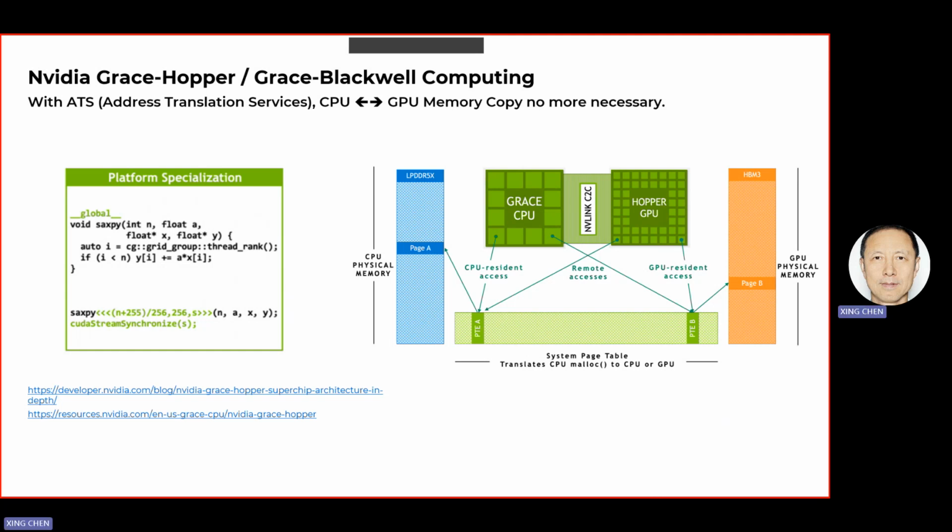The benefit for the programmer is this one. With this address translation service, CPU and GPU can access each other's memory. That means right now life is going to be easier for the programmer, because there is no more need to copy the data from the CPU to the GPU and from the GPU back to the CPU.